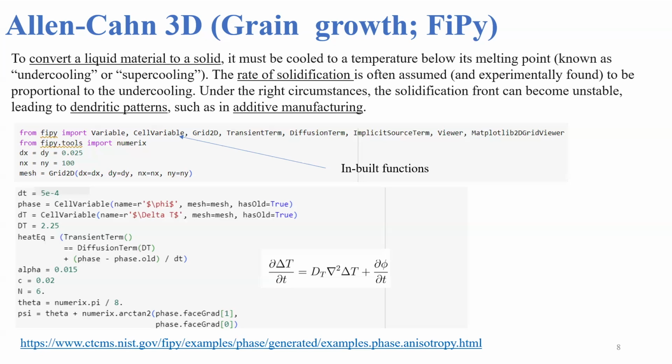Of course, we have to define the number of grids, the grid interval, the time step, and so on. We'll try to solve the heat equation, del T over del t, where T is temperature, and the phase variable. We can have some constant parameters like alpha, c, n, and we'll try to solve this equation here.